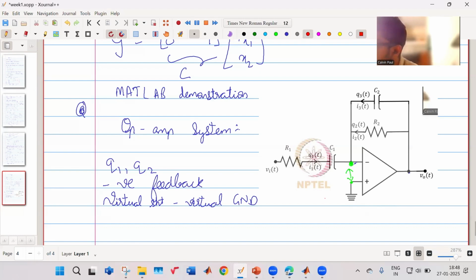Let's suppose this is my V plus and this is my V minus. Because of the virtual ground concept, my V minus should be equal to V plus. And what is my V plus voltage? Can anyone tell me what is the voltage at V plus? Please be interactive.